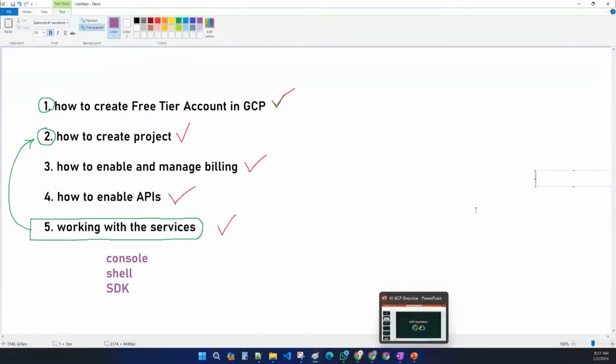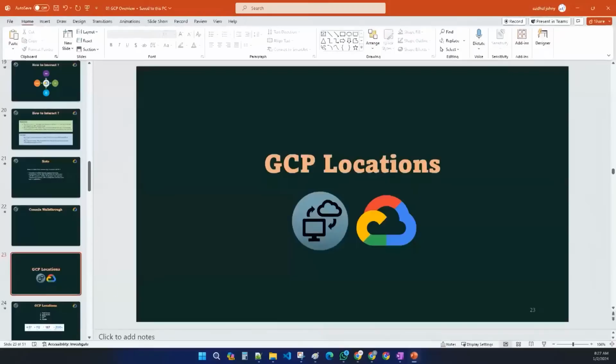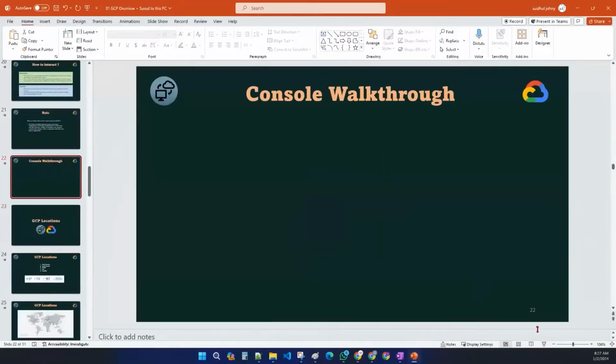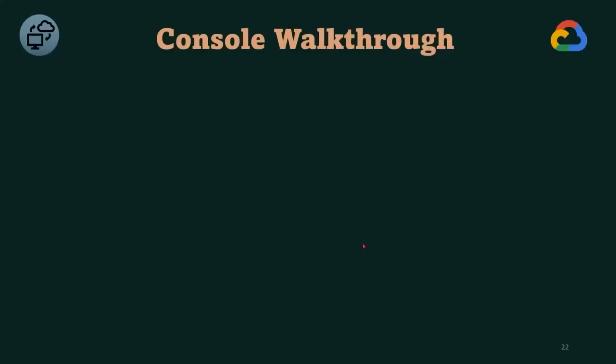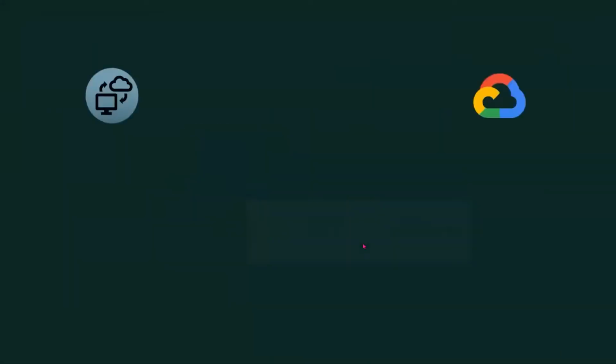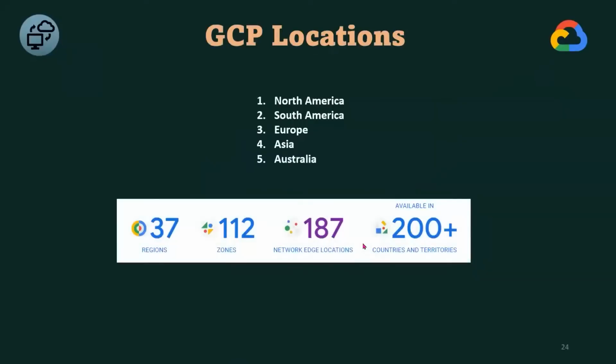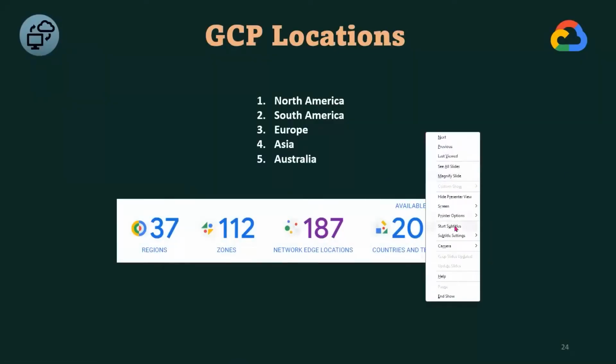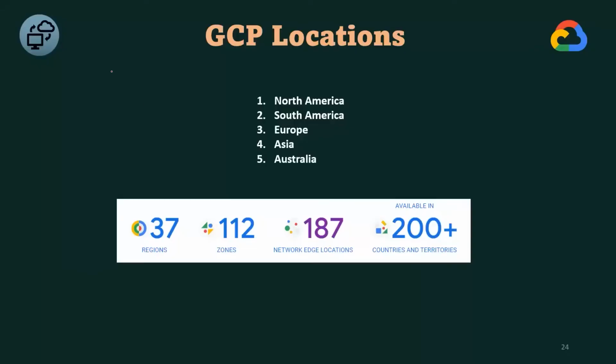So today we have learnt about the console walkthrough. Tomorrow we will learn about GCP locations. In GCP, how many locations are there? The very simple concept is this: Google Cloud Platform is providing you the resources, but Google's infrastructure is stored somewhere.